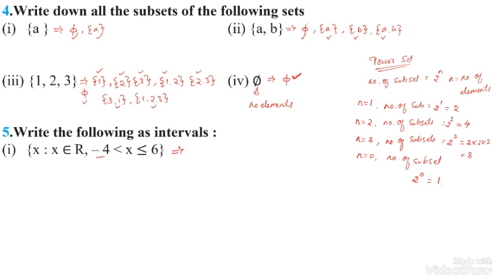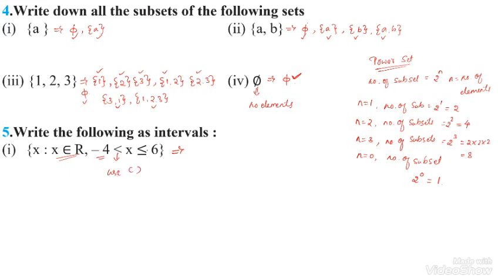Here the question says x is an element which belongs to the real numbers R, then minus 4 is less than x less than or equal to 6. We already know that when a less than or greater than condition is there, we have to use open intervals.